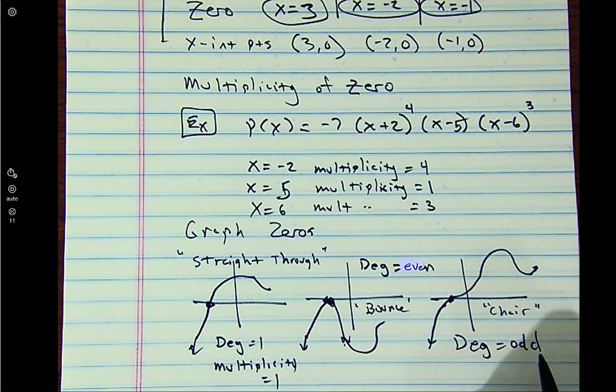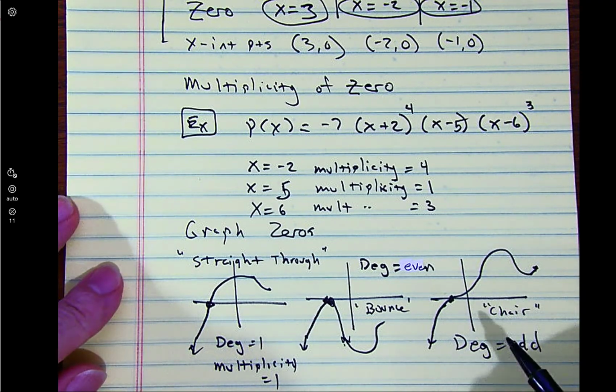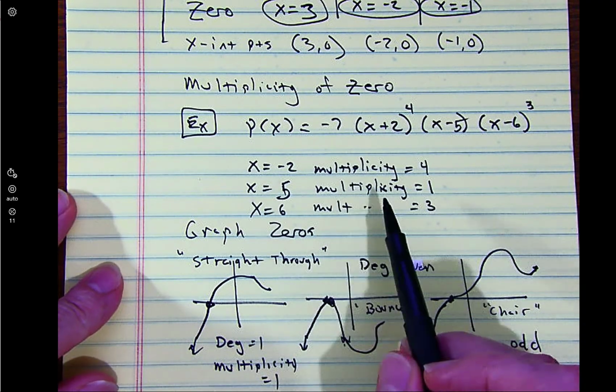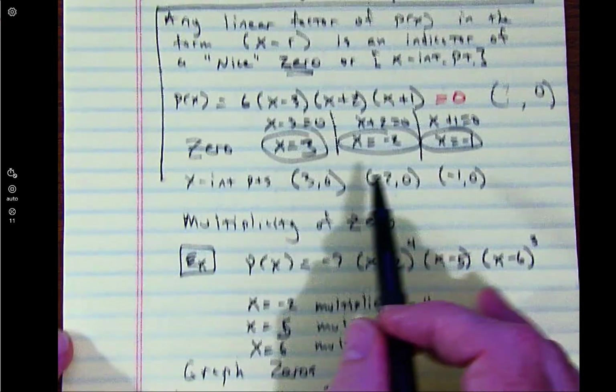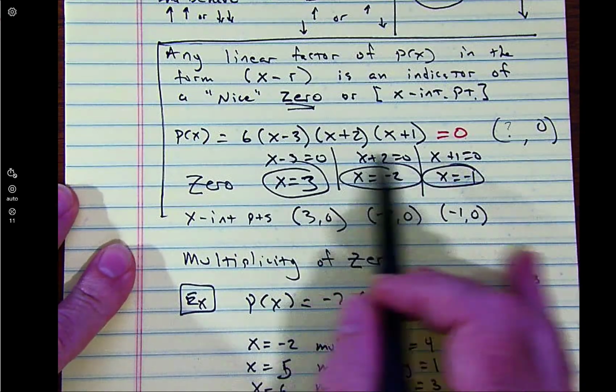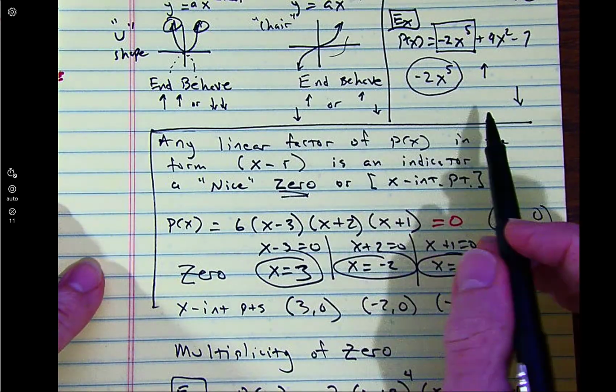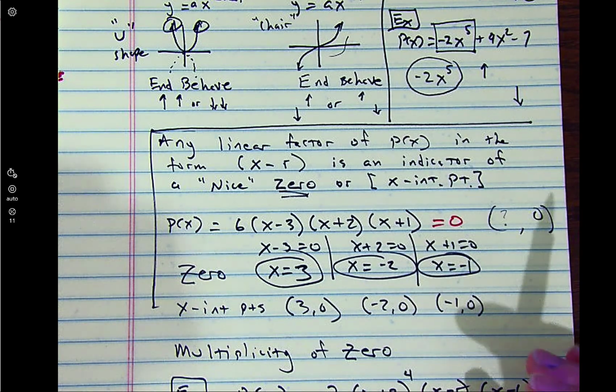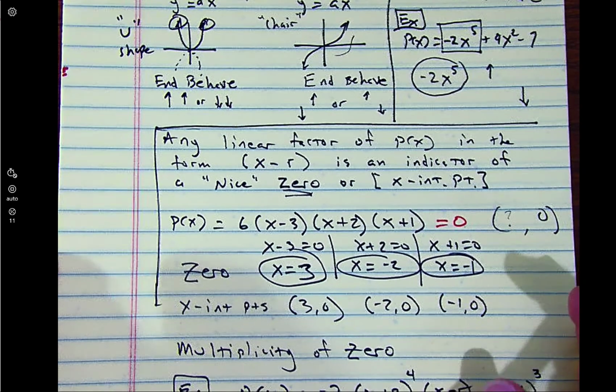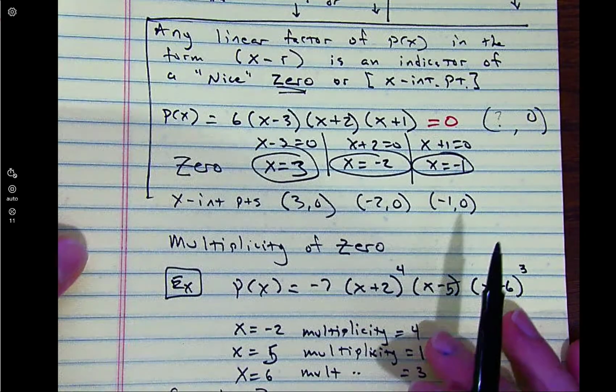So 3, 5, 7, 9. So with these three characteristics, the multiplicity of the zero, being able to find the zeros from the factored form, and knowing the end behavior, we can make some pretty good sketches of our polynomial functions.